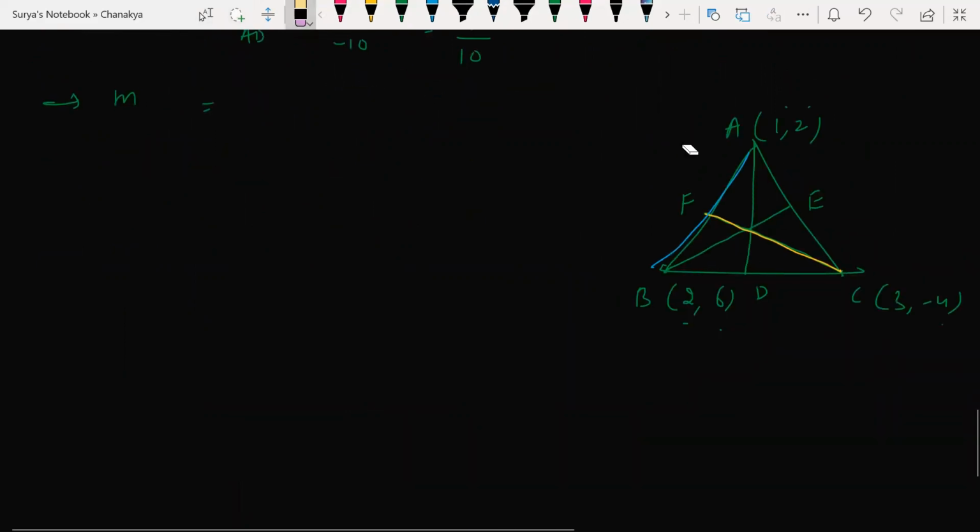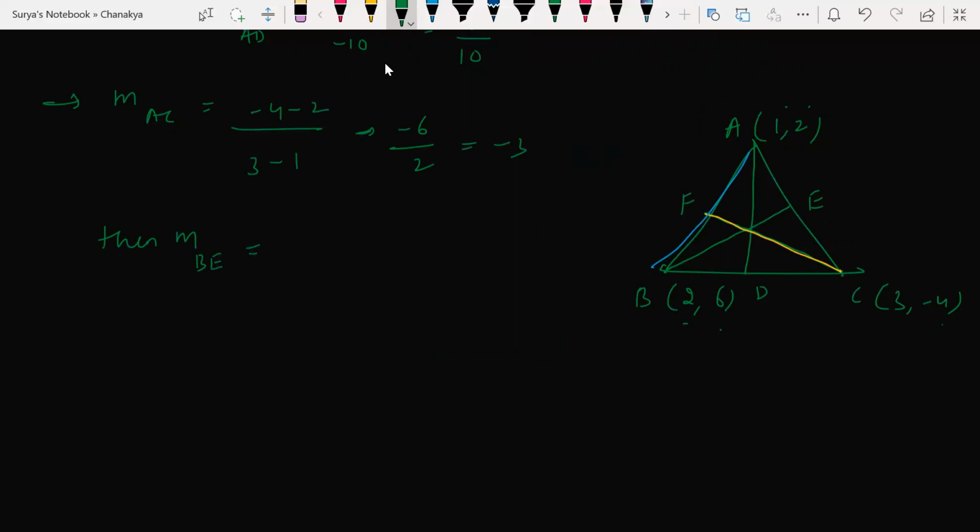Slope of AC is what now? y2 minus y1 is nothing but minus 4 minus 2, whole divided by 3 minus 1. So minus 6 by 2, which is minus 3. Then minus 1 by minus 3, which is 1 by 3. Fantastic job. All right. So this is what I got. You understood this, right?